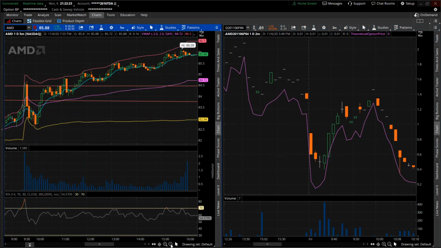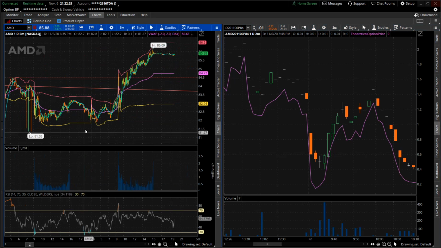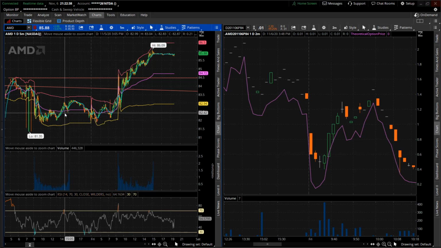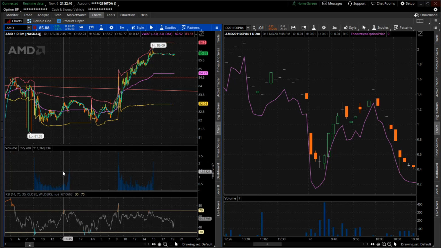I'm going to go over some of the changes that are going on with this and some of the things that I had to do that I normally don't do. So right off the bat, I've got after hours activity on. I normally don't trade with that in there, but since I'm trading VWAP, it's a new system.